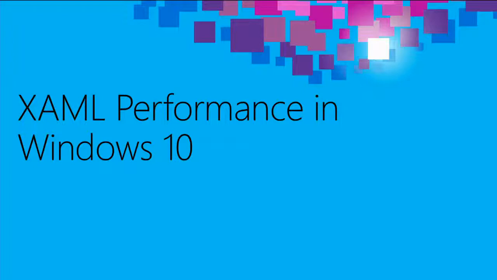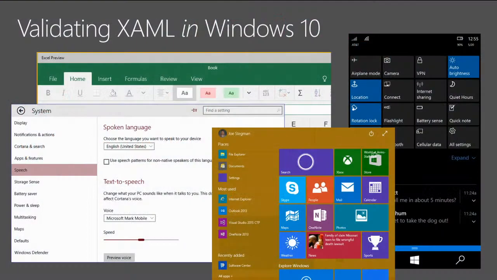It's been one of our pivotal experiences that we have tried to enable, primarily because, like I've been saying, all of our inbox experiences, the OS experiences, are now built on top of XAML. What that means is that everybody who is going to run a Windows 10 device and launch Start is going to experience XAML performance. So we have to make sure that Start loads up in a fraction of a second.